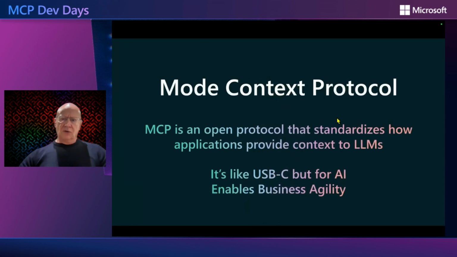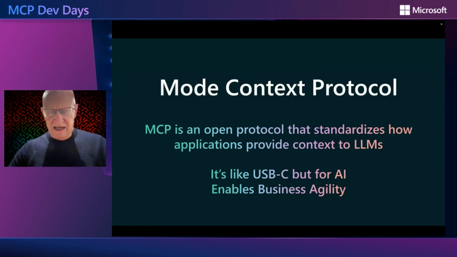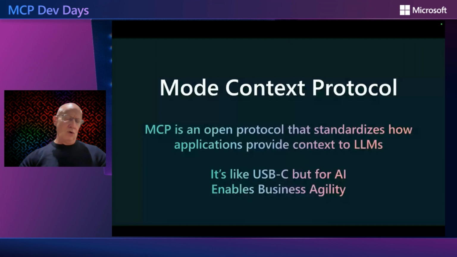It's an open protocol that standardizes how applications provide context to LLMs. You've probably heard the analogy plenty of times: it's a bit like USB-C for AI, or OpenAPI for REST-based services. The goal ultimately is to provide business agility, so you can choose the best context or tools to support your business.